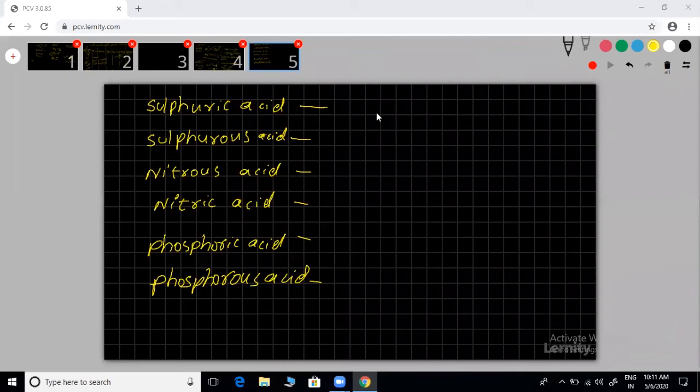So sulfuric acid means H2SO4. This is H2SO3. Nitrous acid means HNO2. Nitric acid means HNO3. Phosphoric acid means H3PO4.